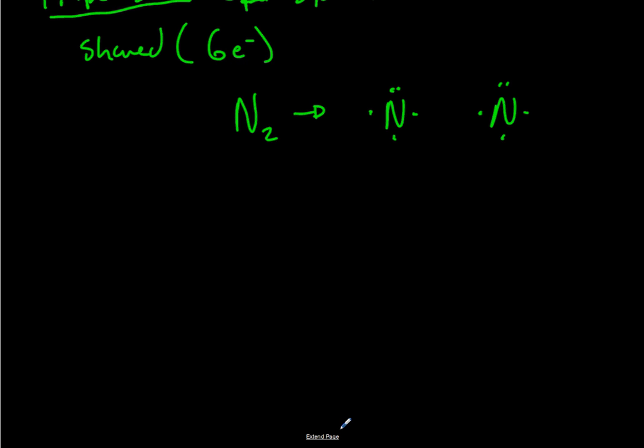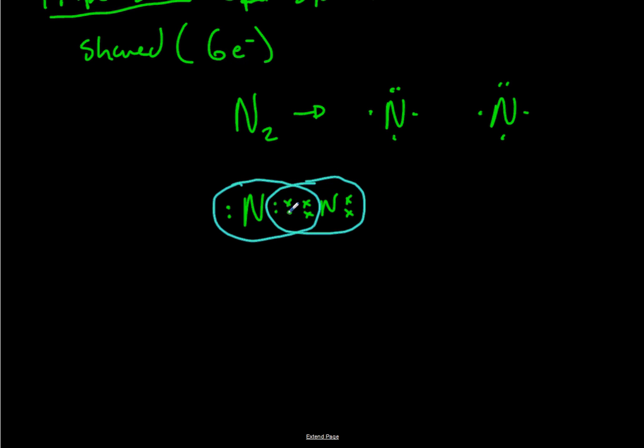Okay, so the way that nitrogen gets by is it's going to end up putting 1, 2, 3, 4, 5, 6, and we're going to have, so 2, 3, 4, 5. There's the 5 from this guy, 1, 2, 3, 4, 5. And the 5 from this guy, 3, 4, 5, like that. And if we circle around this, circle around this, we see that now we've got our 8 rule satisfied, right?